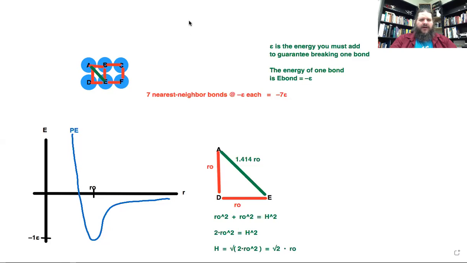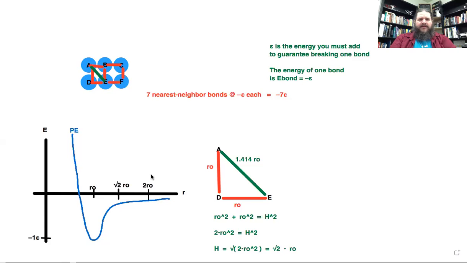Let's say we got R naught, and then twice that far would be 2 R naught. And then a little to the left of the halfway point would be 1.4 R naught. So let's say something like this. A little further to the right would be 1.414 R naught, square root of 2 R naught.